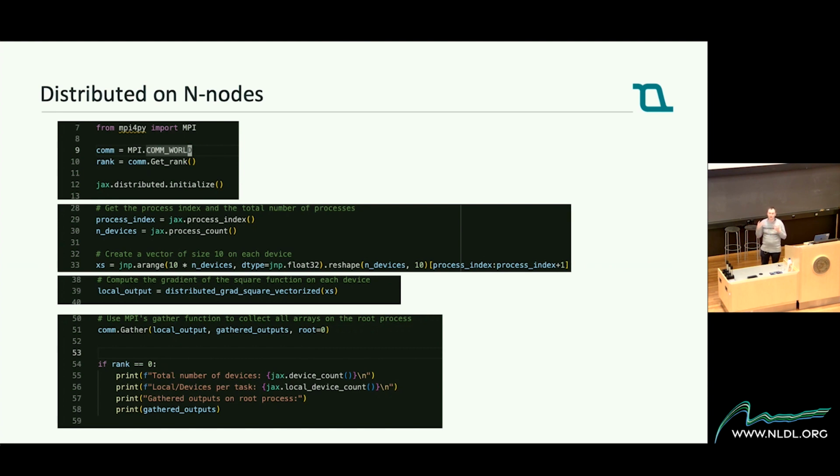So MPI is only used to gather the data at the end. The only real difference here is in line 33, where I use the process index to make sure I create the data so it can be distributed across as many GPUs as I want to use.